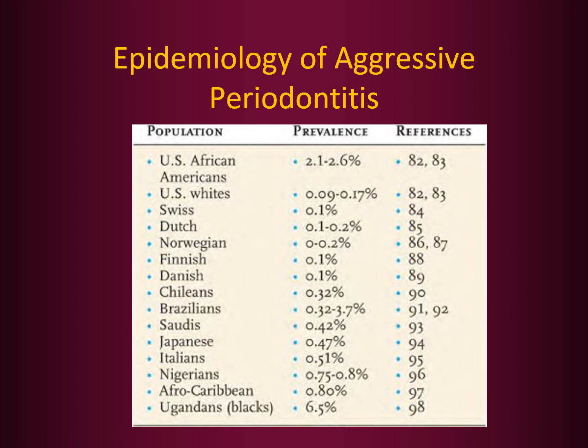The U.S. and Africa, the two places you can see on the table, have a fairly high prevalence of aggressive periodontitis. Most of the other groups have a fairly low prevalence of periodontitis, and I think that's important.